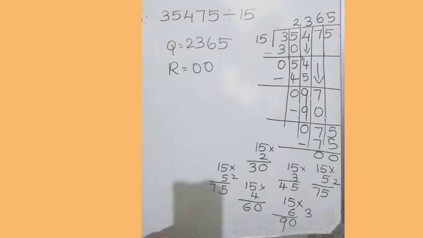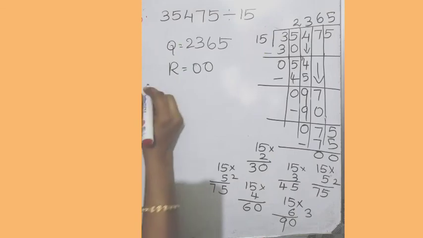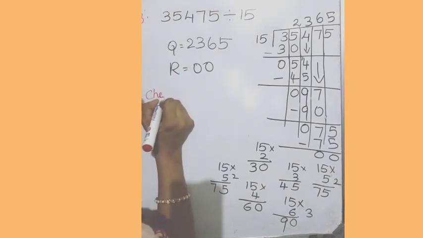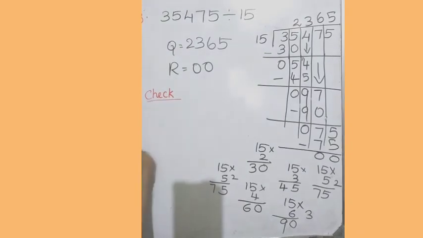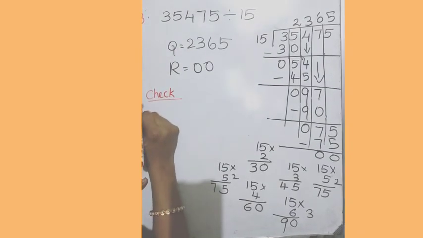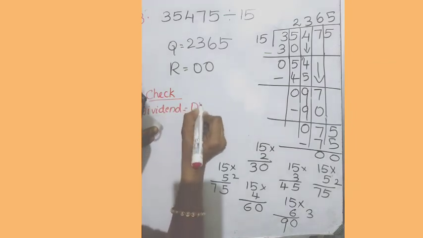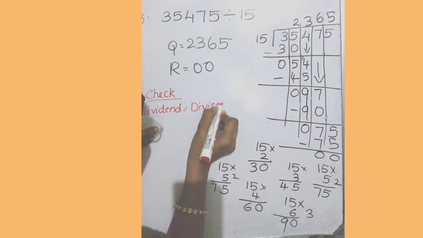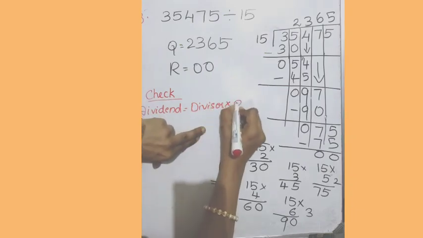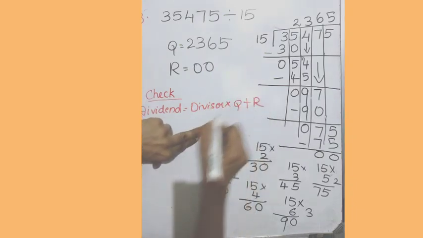So now we can check the answer. Check the answer with the equation: dividend equal to divisor into quotient plus remainder.